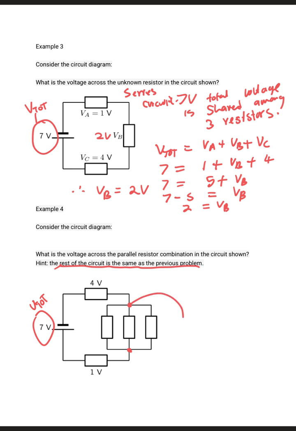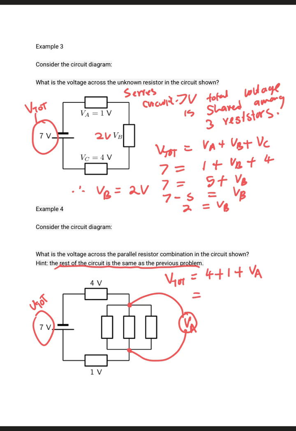we want to know this voltage. What is this voltage here? Let me call it voltage A, right? So then V total is equal to 4 plus 1 plus VA.